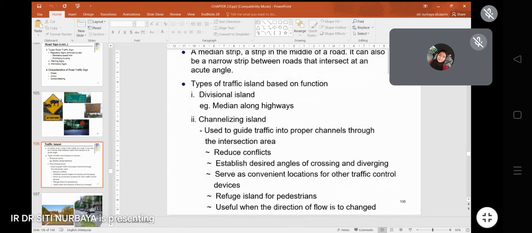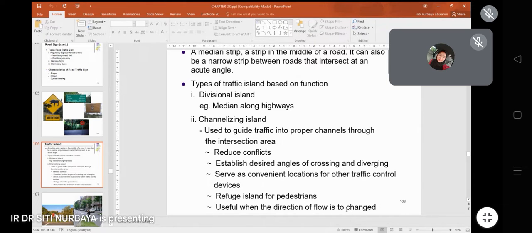And then the channelization also meant for refuge island for pedestrians, and also useful when the direction of flow is to change.